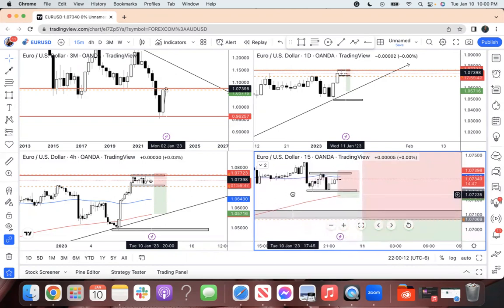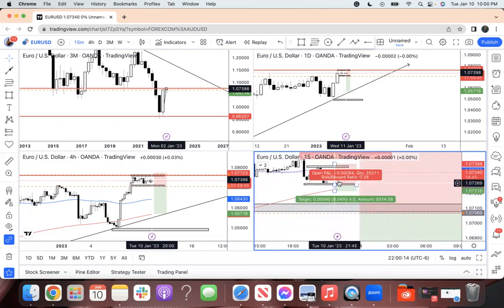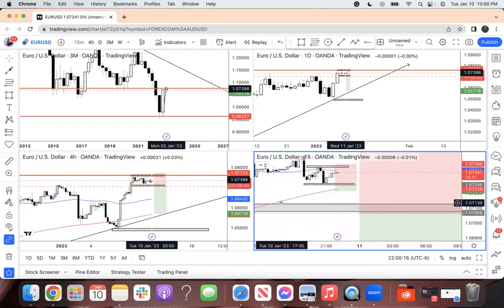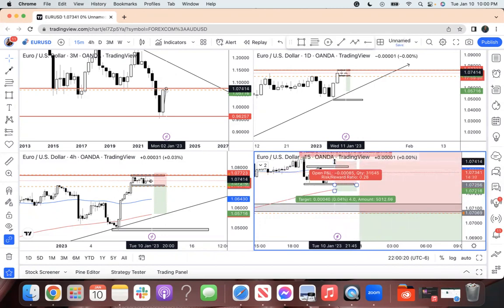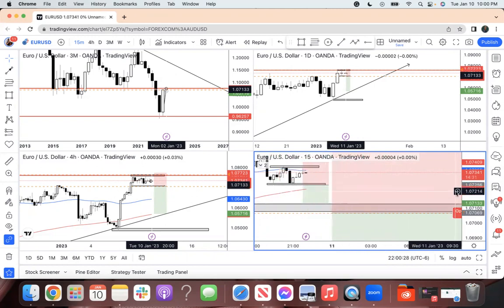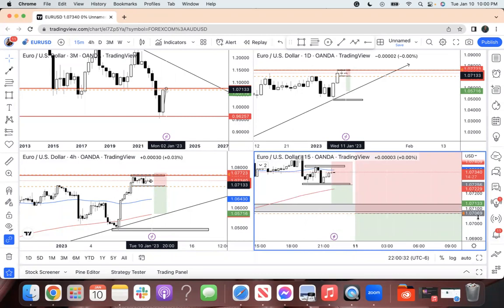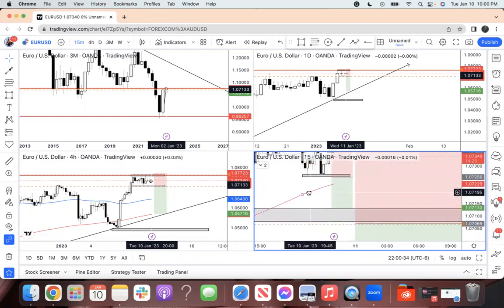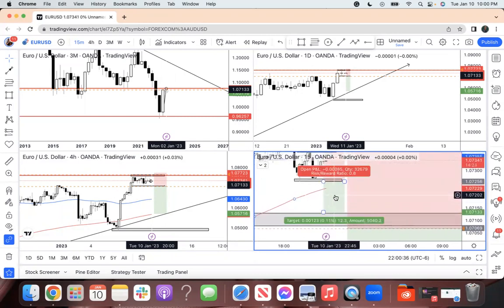Then after I've established how much I'm willing to lose on this trade, I've said, okay, I'm willing to lose about 25 to 30 pips. I'm going to then identify my first target, which is that major key area that we identified on the higher time frame.